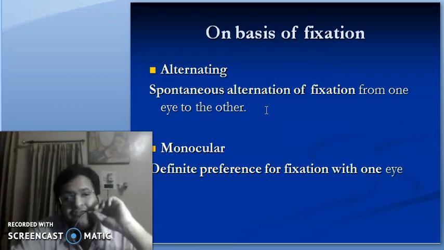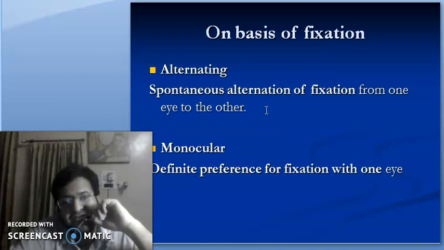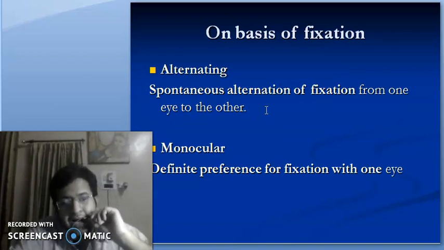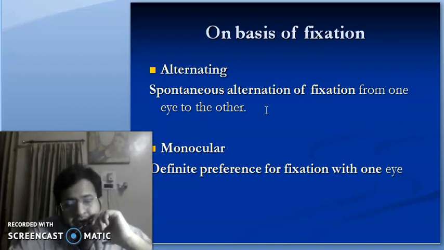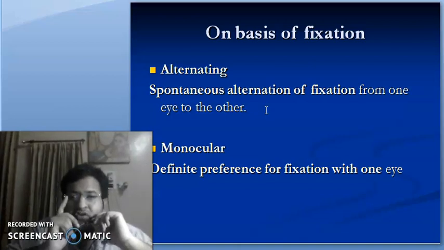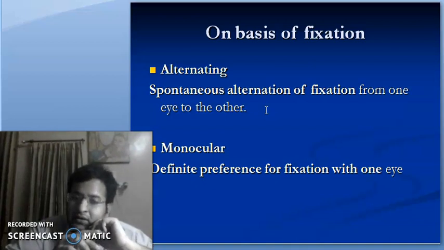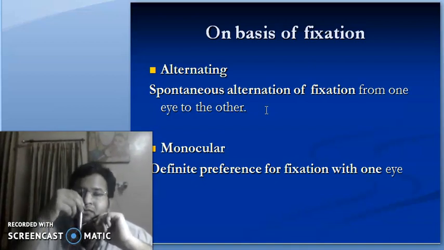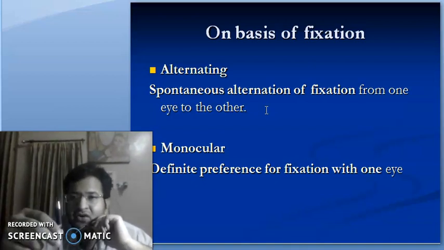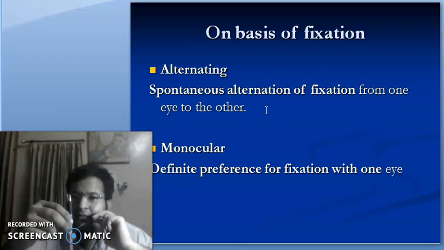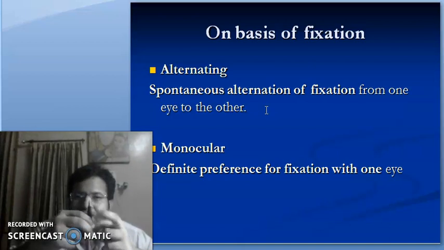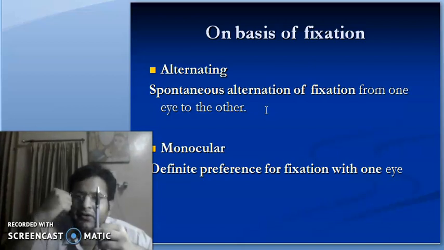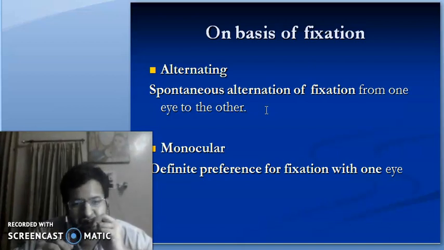On the basis of fixation, strabismus can be classified into alternating and monocular. What is alternating strabismus? In this, there is a spontaneous alternation of fixation from one eye to the other. For some time, for example, my right eye is fixating on this object and the left eye is strabismic, and for some other time my left eye will fixate on this and my right eye will move into a strabismic position.